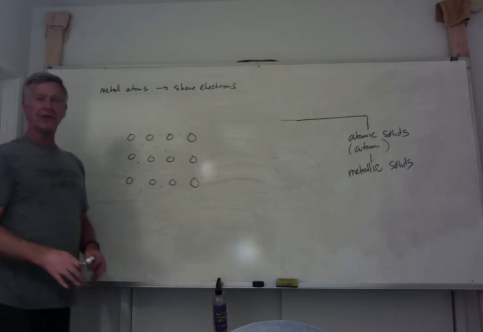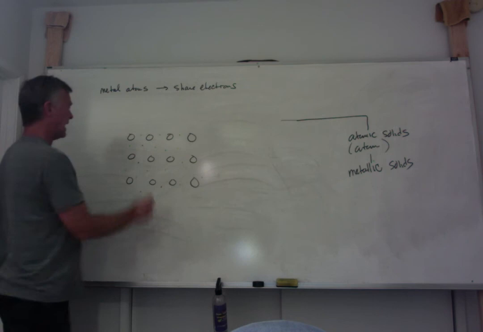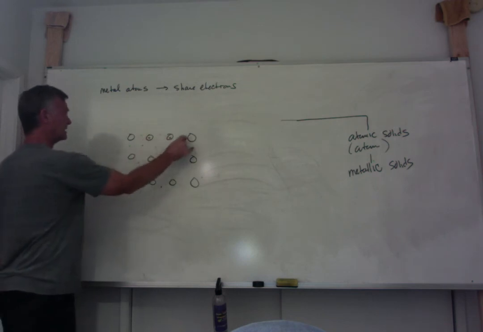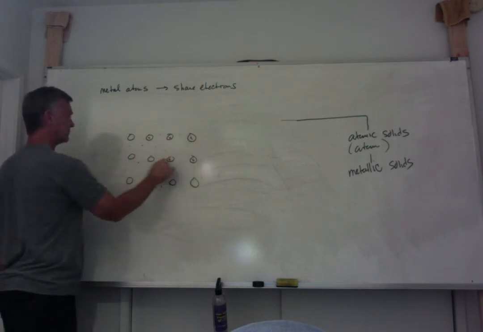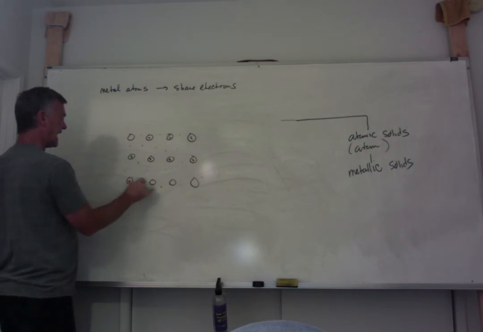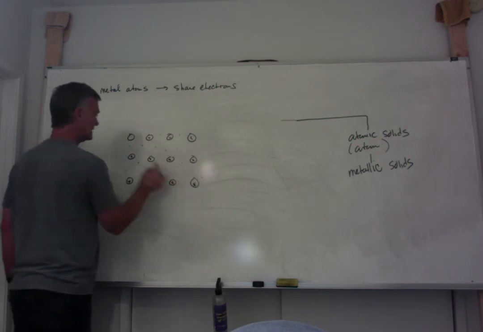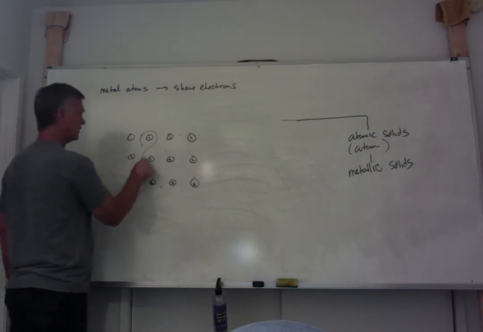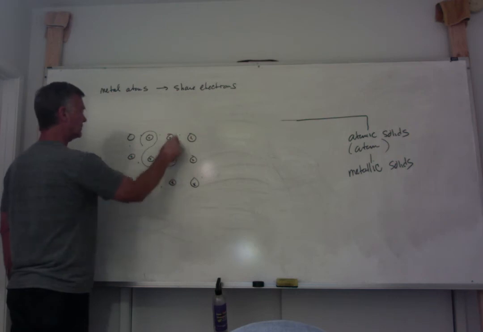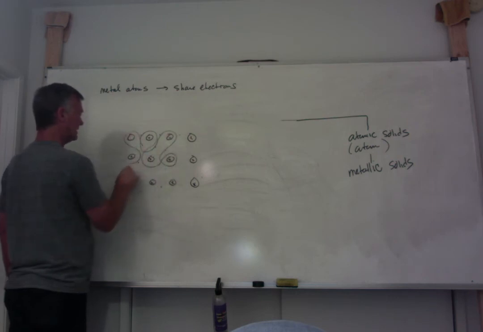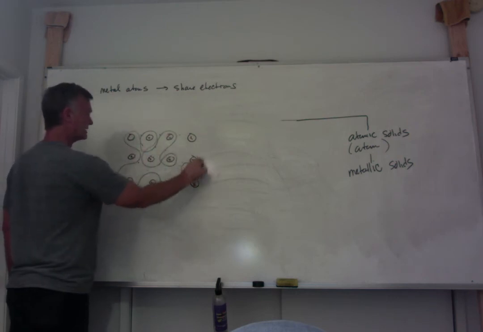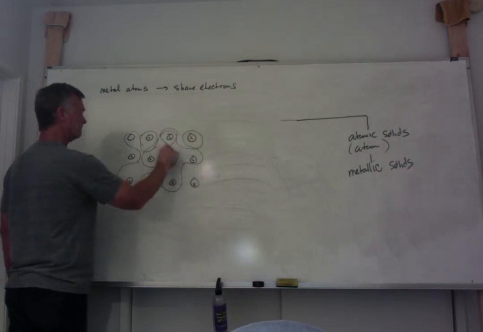But they aren't free to just go anywhere. And remember, this is still a positive charge here at the center. But these electrons, in a sense, are free to move and wander around inside of this solid.